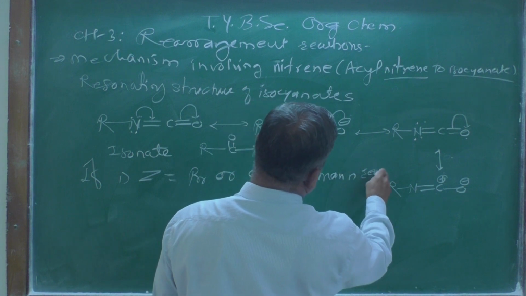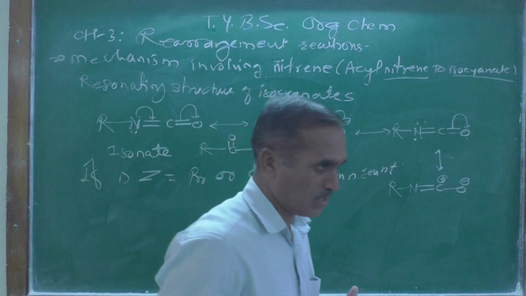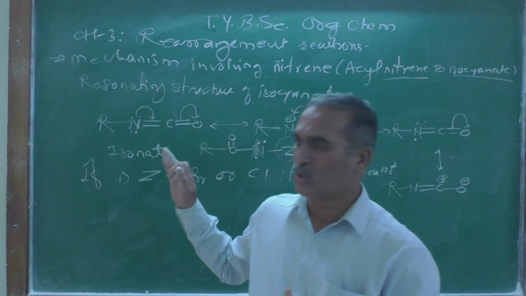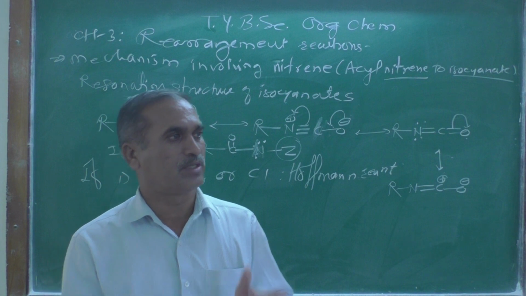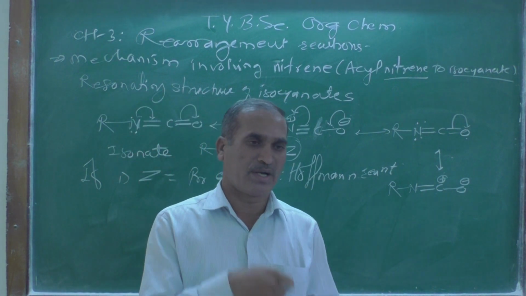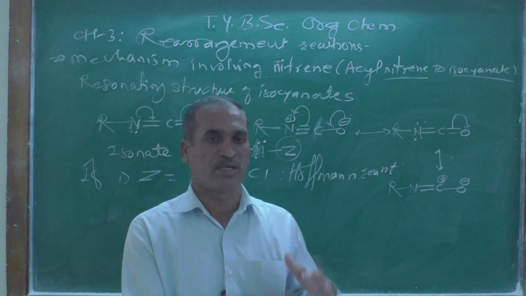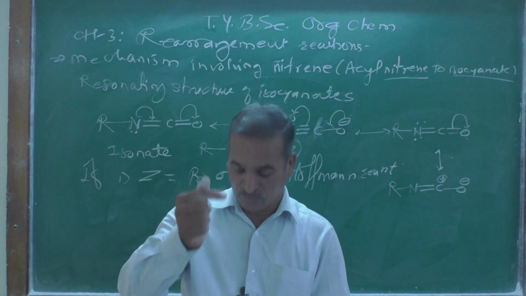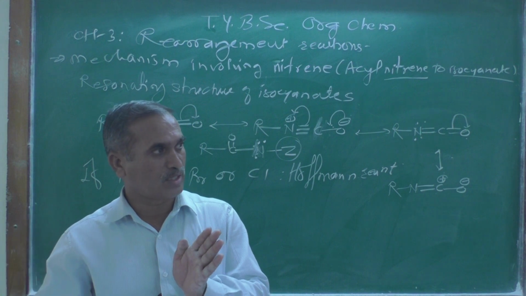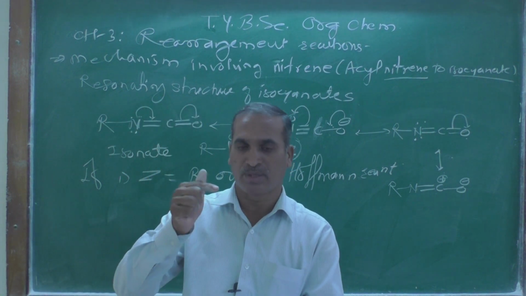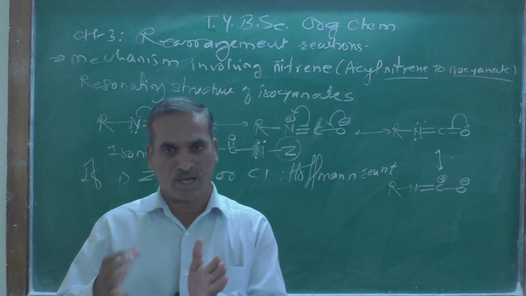This is known as a Hofmann rearrangement reaction, and we know that there are four steps, and you are quite familiar with the Hofmann reaction. In the Hofmann reaction, an amide gets converted into an amine, and this reaction is also called a degradation reaction, or a step down reaction, when you want to degrade the carbon atom.